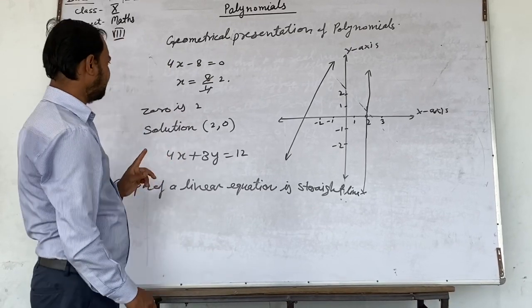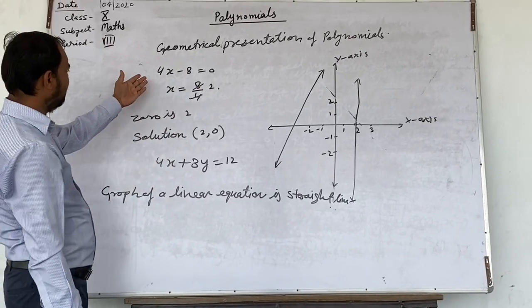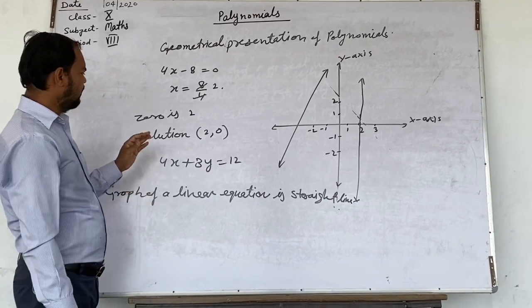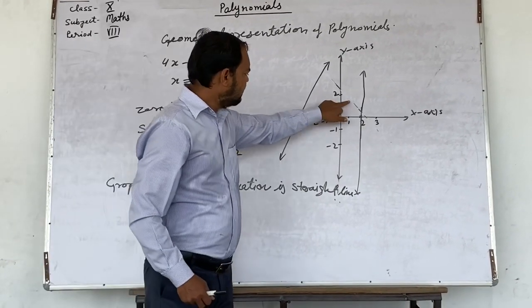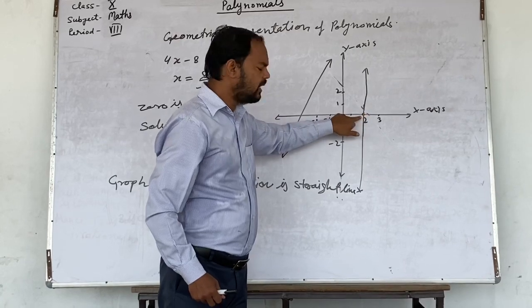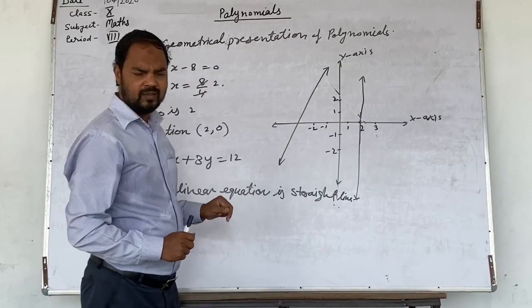One more thing, the degree of the polynomial is 1. Now you can see here, this graph intersects the x-axis at only a single point.